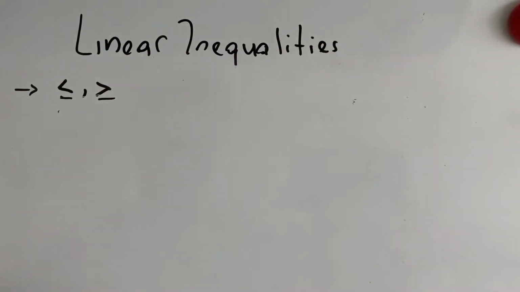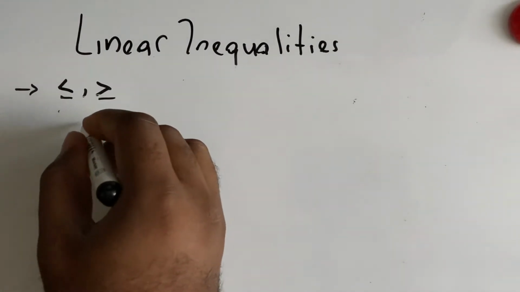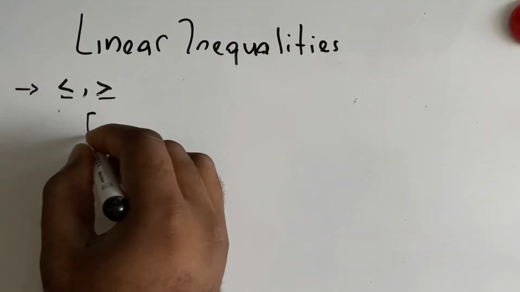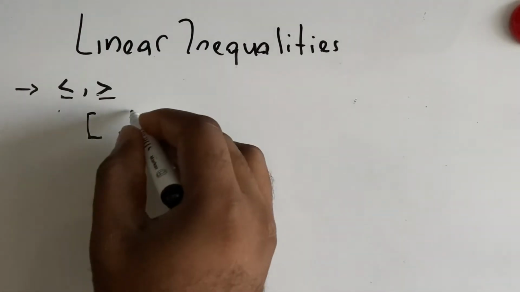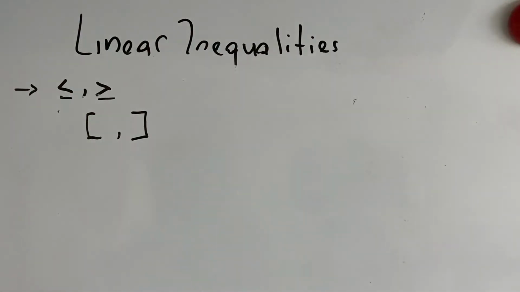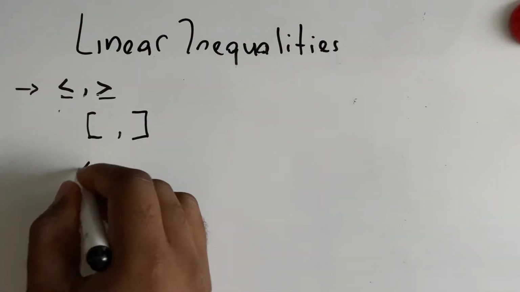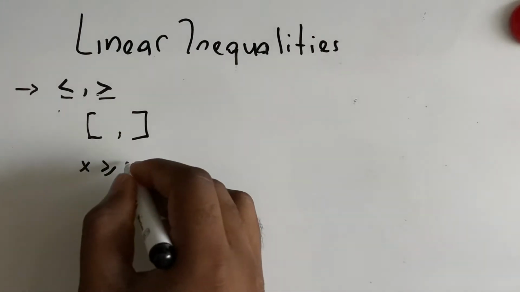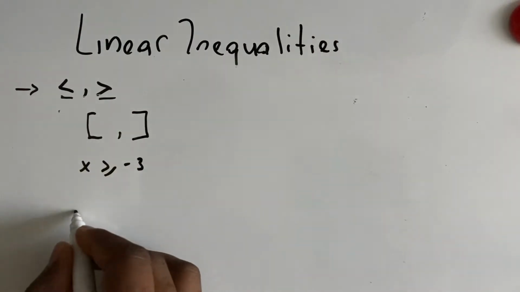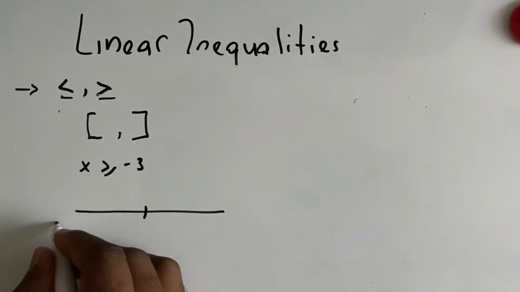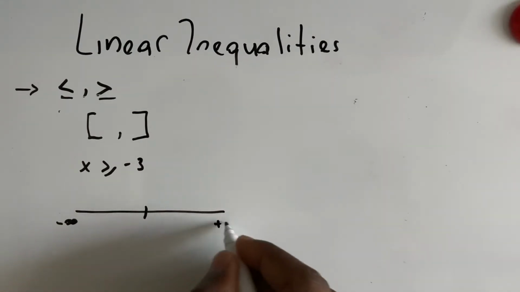Now in this case, you have to use a bracket, okay? You use a bracket in this case, either closed or open depending on what you're doing. So for example, if you have x greater than or equal to -3, a number line for this, just for you to understand this, okay, by the way.